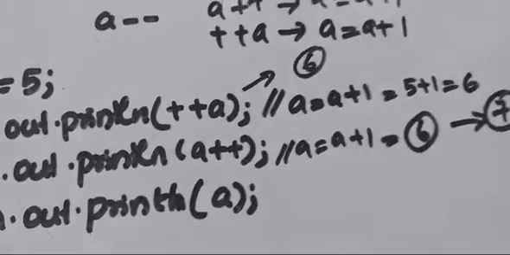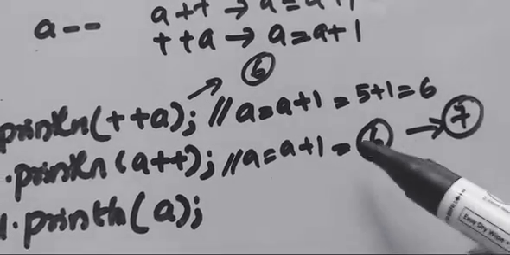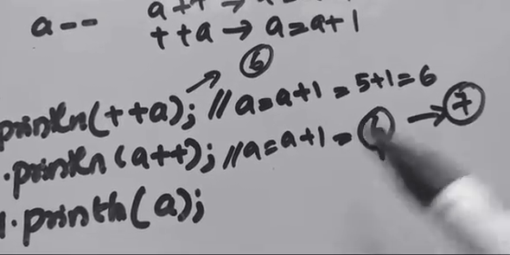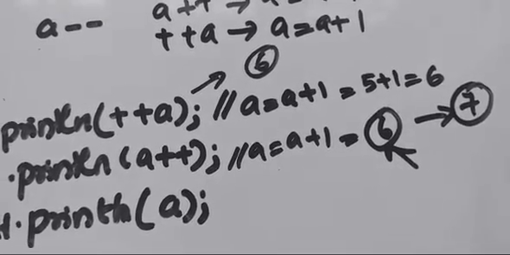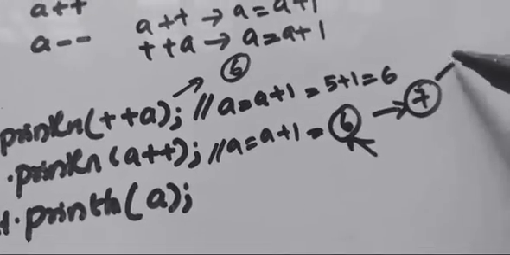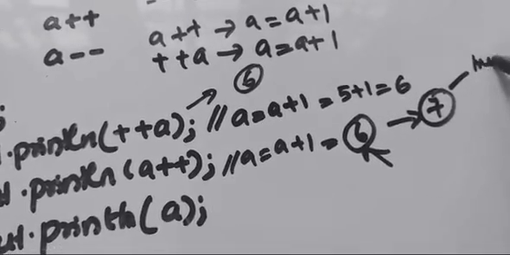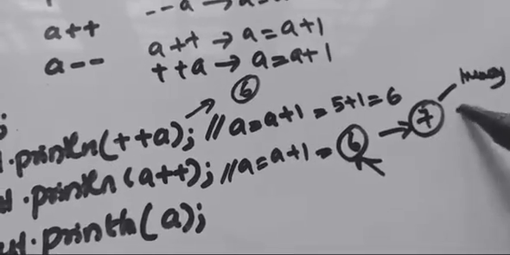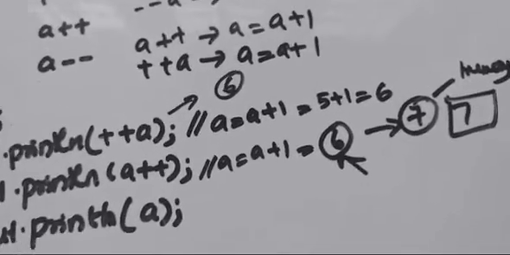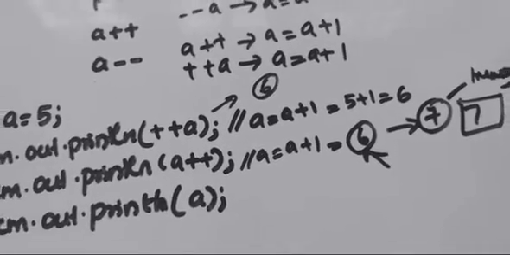We used it in the particular statement, then we increment. So the incremented value will be stored in memory. Clear? So 7 goes to memory. Clear, students? So this is about post-increment.